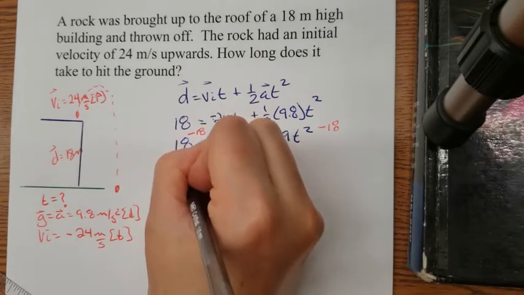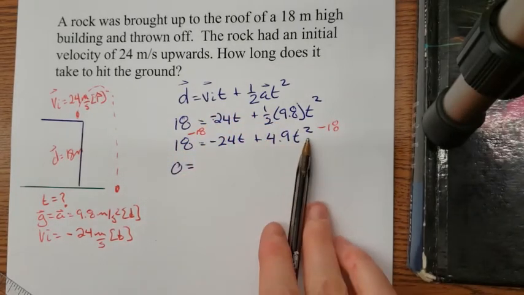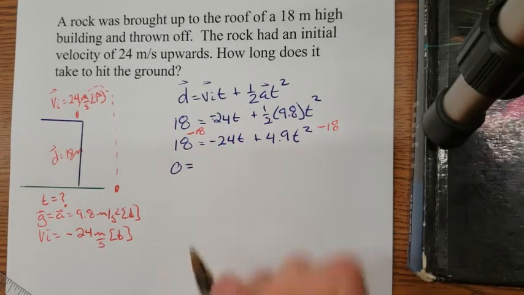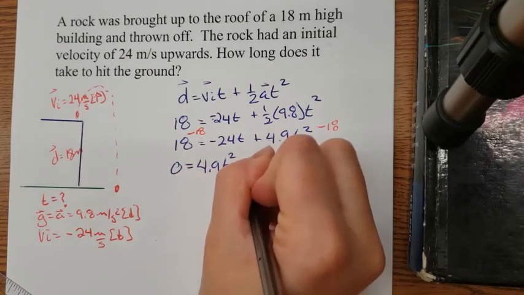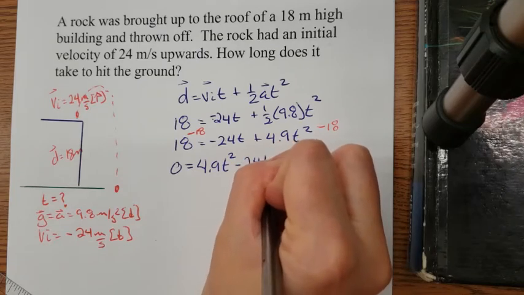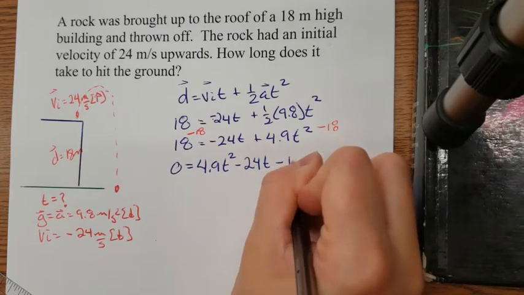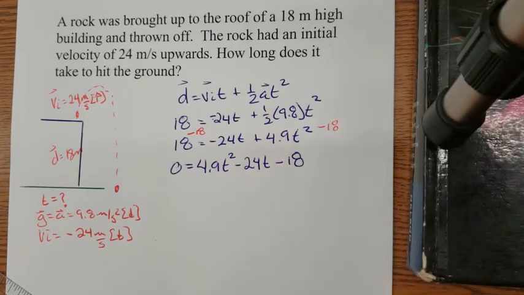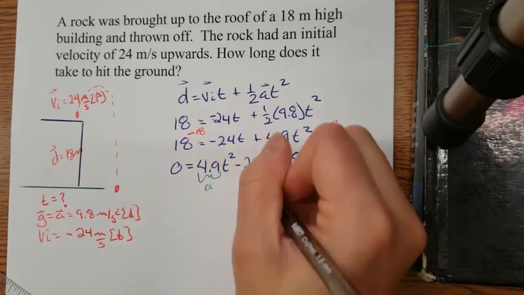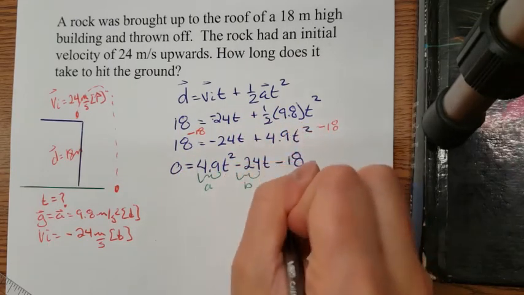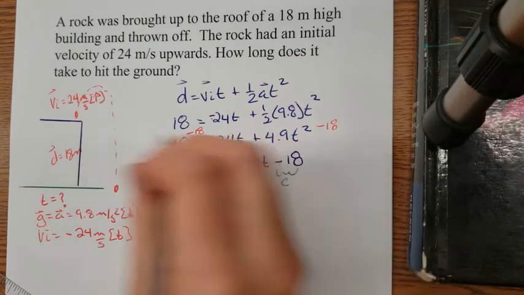And I get 0 is equal to, normally we start with the squared term first, so I'm going to write that one first. So 4.9 t squared minus 24 t minus 18. So this is my A value, this is my B value, and this is my C value.